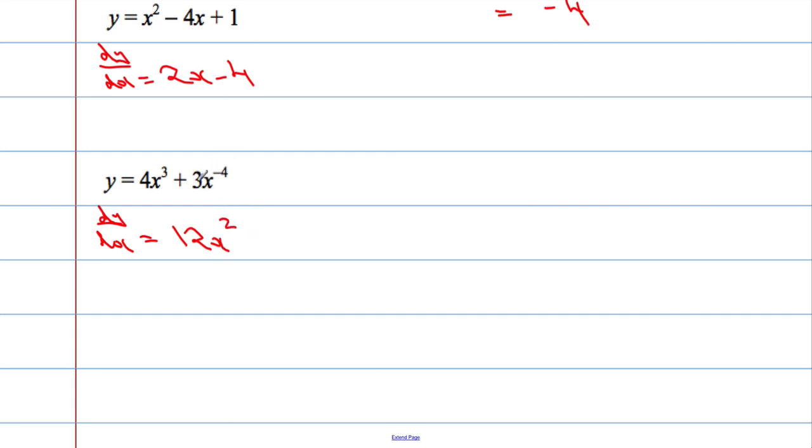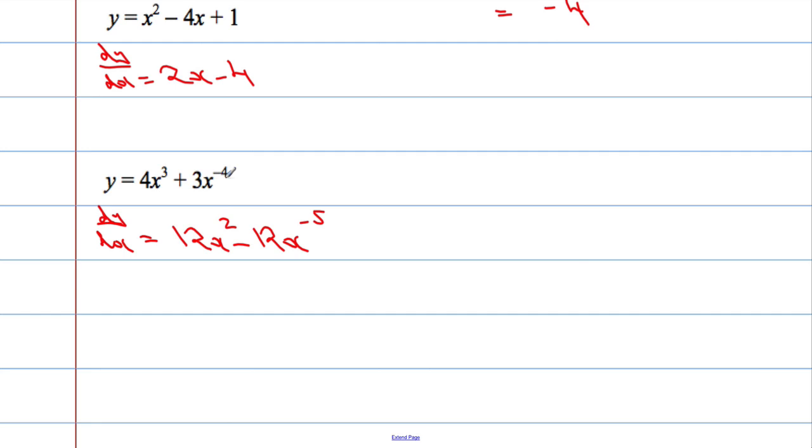Power multiplied by the coefficient of x, so negative 4 times 3 is negative 12, reduce that power by 1, x to the power of negative 5, not negative 3. We're reducing it by 1, it's going down by 1. And that's the derivative taken there. So that's just the process of differentiating polynomials.